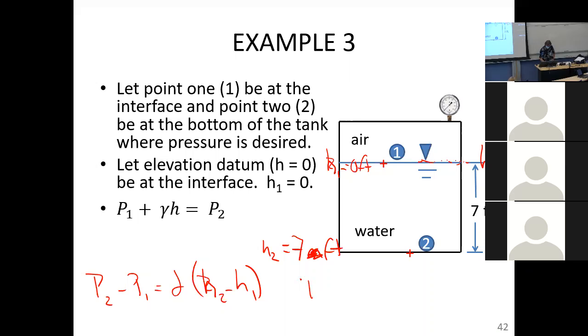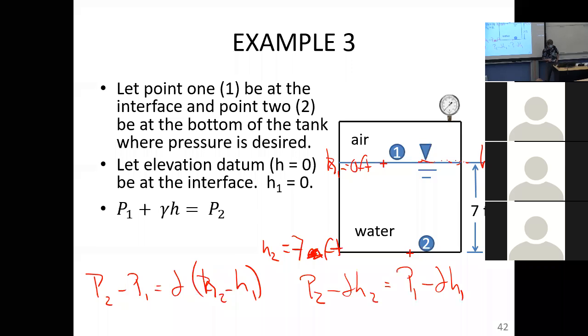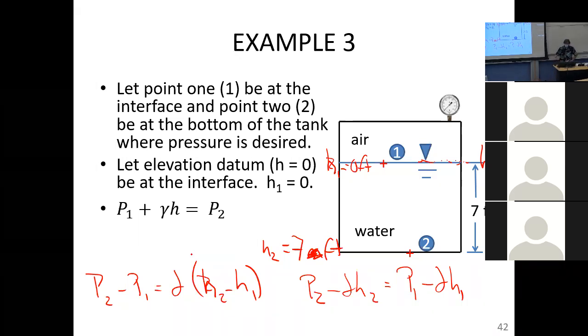And so this would say that P2 equals... okay, so all I did was group like subscripts. I brought gamma H2 to the left-hand side. It was positive on the right, becomes negative on the left. And I brought P1 to the right-hand side. That was negative on the left, becomes positive on the right. So that's true. And you know H1 is equal to 0.